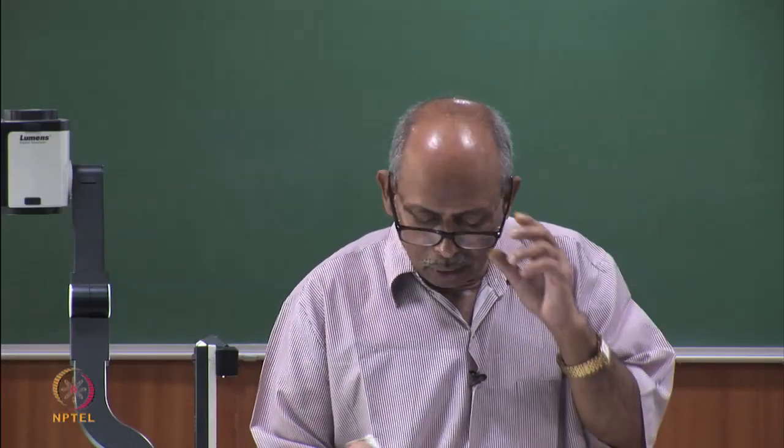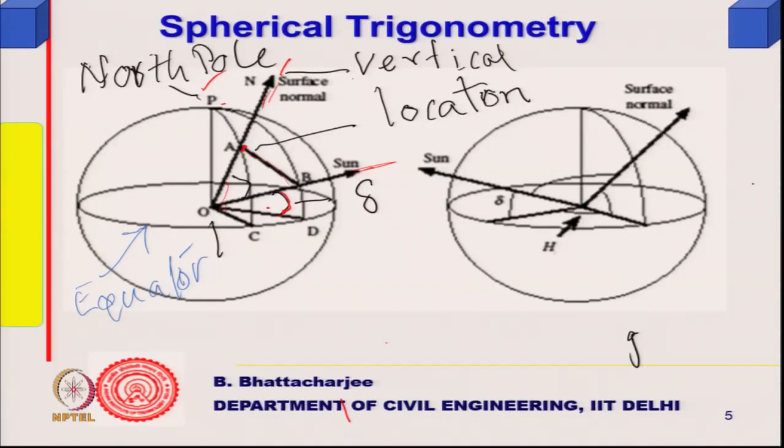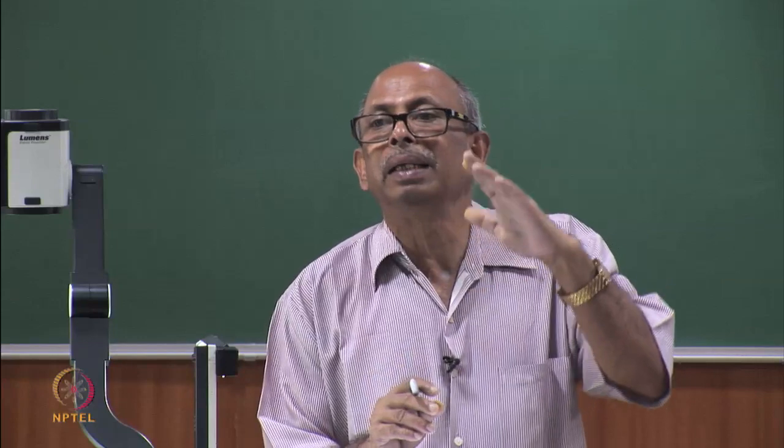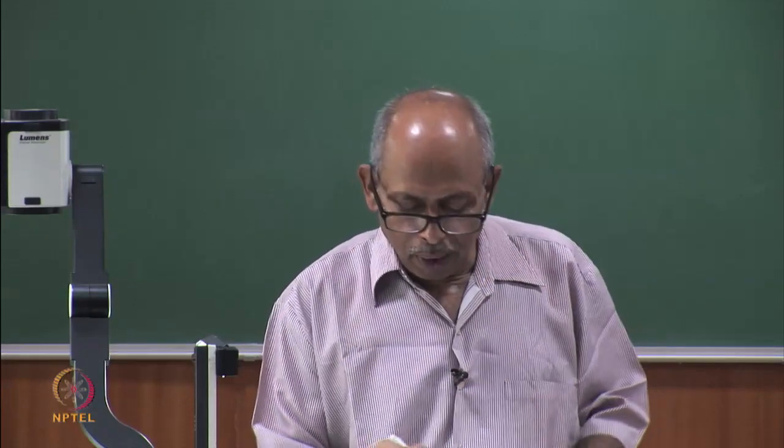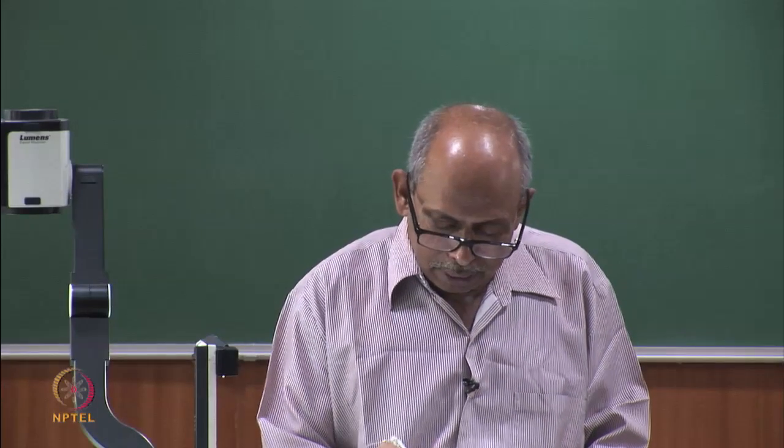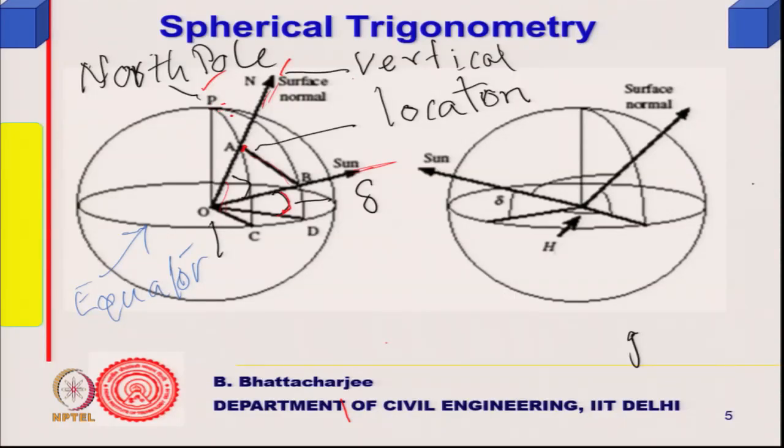At 12 noon the sun will be on the plane joining the north pole, it is basically at the highest altitude at that point of time. So it connects the north-south line, and the sun's position will be somewhere there. So the hour angle I can define from here.